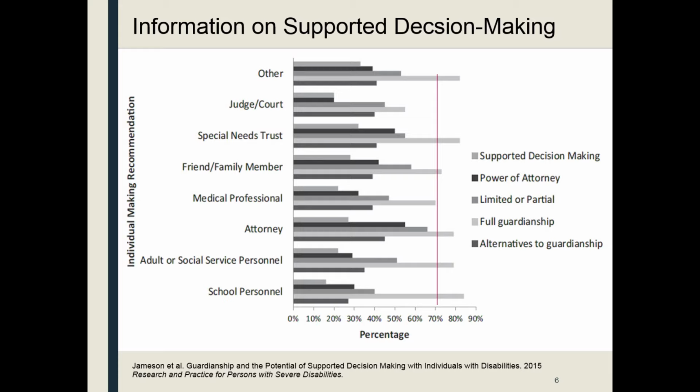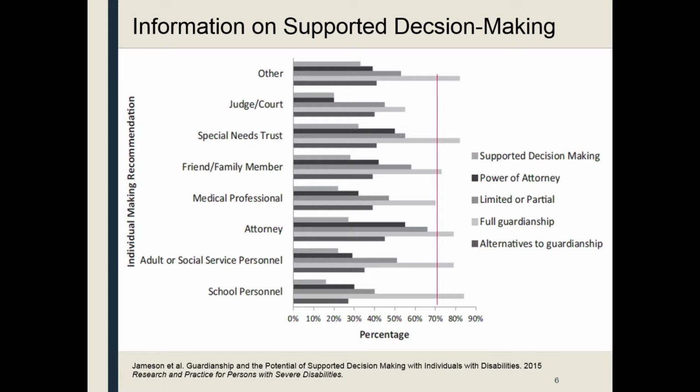A lot of the discussion about supported decision-making in a national context is a reaction to guardianship. We've seen a steady increase in guardianship for adults with intellectual and developmental disabilities, even in the context of growing access to inclusive community opportunities, inclusive school opportunities, inclusive work opportunities.